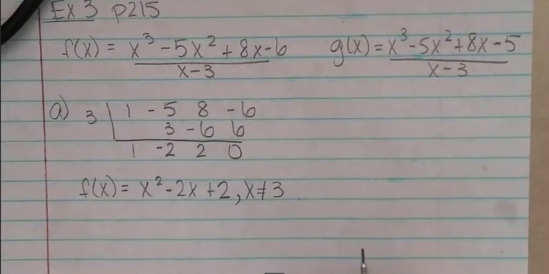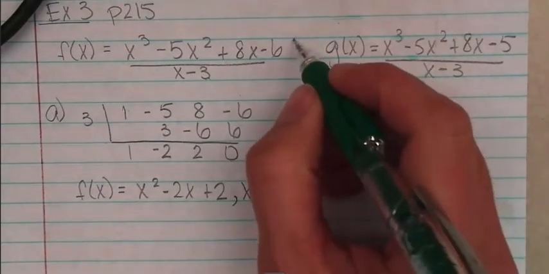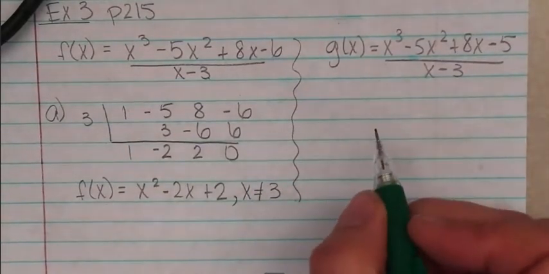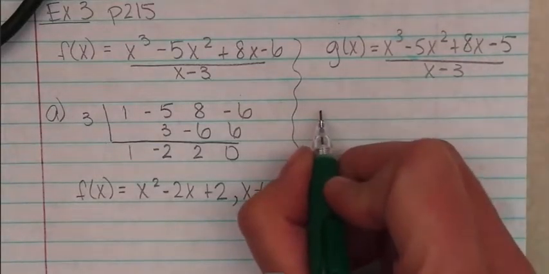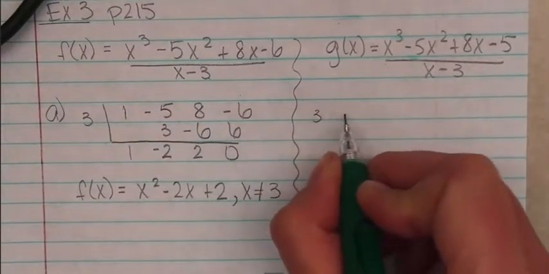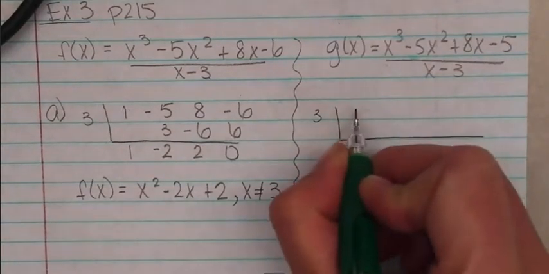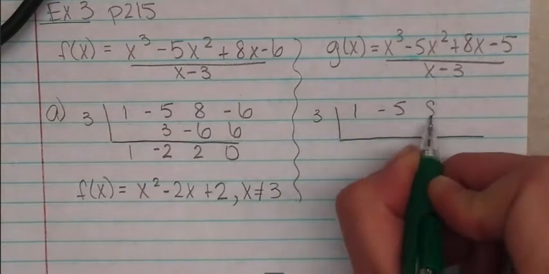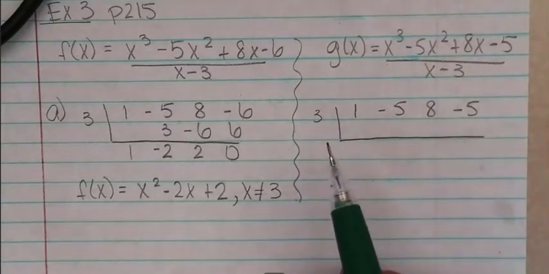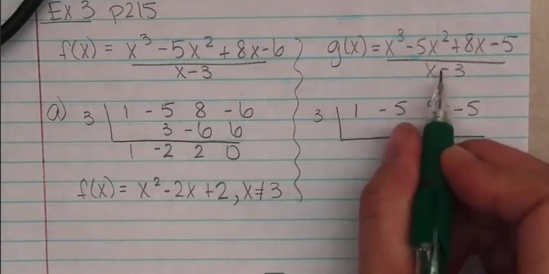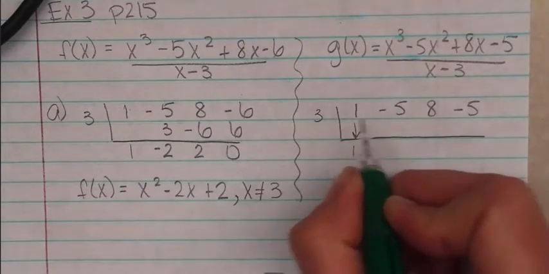Okay, now let's do the same thing with g of x. And maybe we'll divide it up like this, so that way we're dealing with two different things. All right, so g of x, pretty much everything's the same except for those constants, which should tell you that x minus 3 is not going to be a factor.